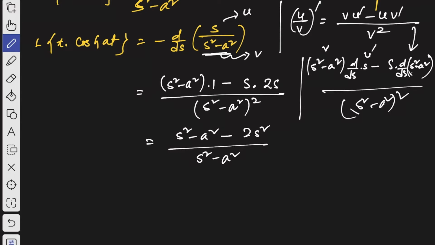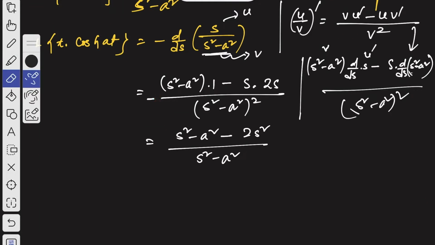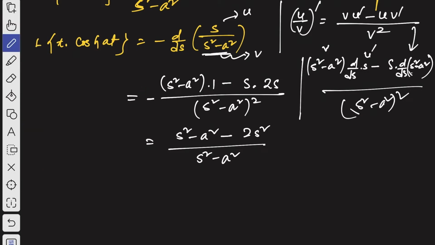Sorry, I have forgotten this one. This minus sign should be written here. Sorry, and here also we have minus this, whole square.